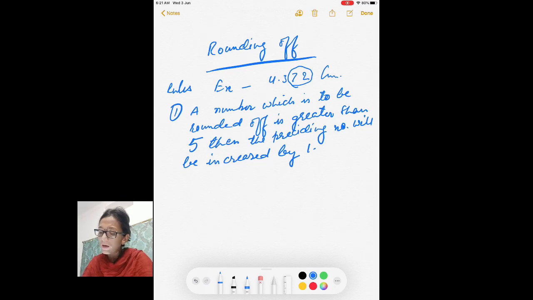So the number is changed to 4.4 centimeter. This is the result.